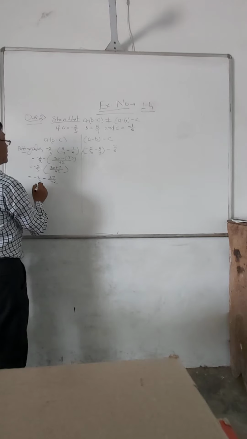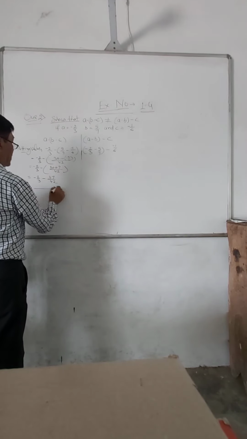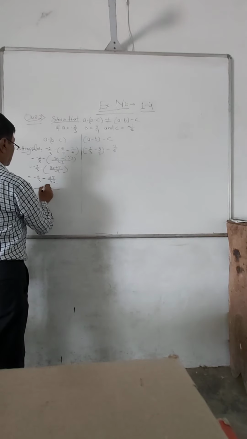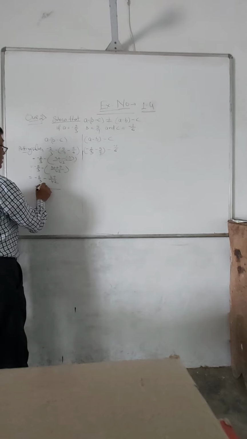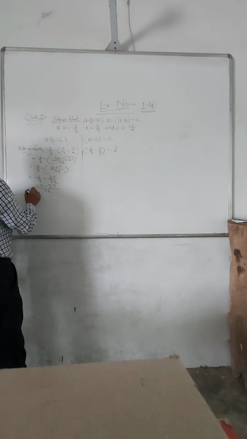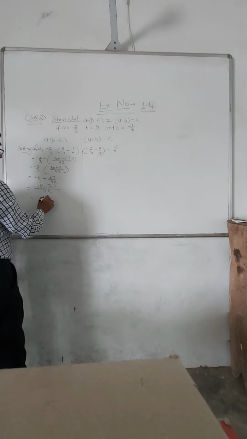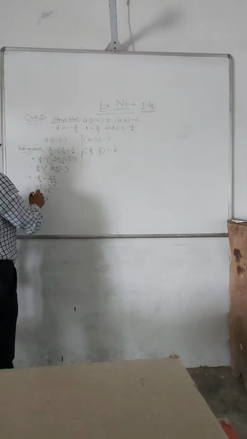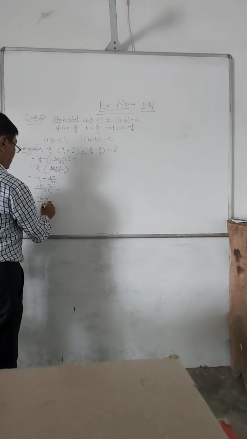Now take the LCM of 3 and 42, it will come 42: minus 28 minus 37. Both are negative, so we will add this one. 8 plus 7, 15, and 2 plus 3 plus 1, 6. So negative, it is coming 42.